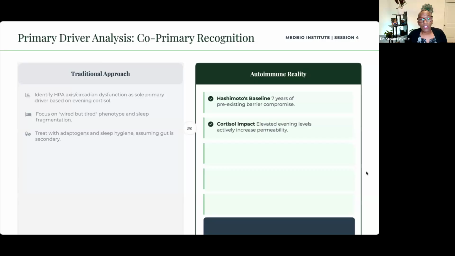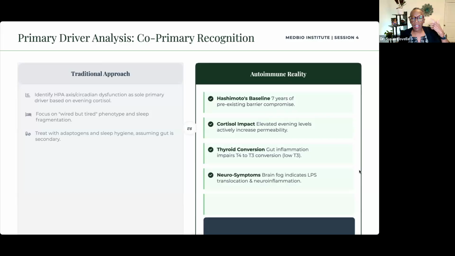We know that the cortisol impact, every evening that cortisol is up and high, is impacting her intestinal permeability. We know that the gut inflammation is impairing that conversion of T4 to T3. We know that that brain fog means that there is LPS translocation and neuroinflammation.